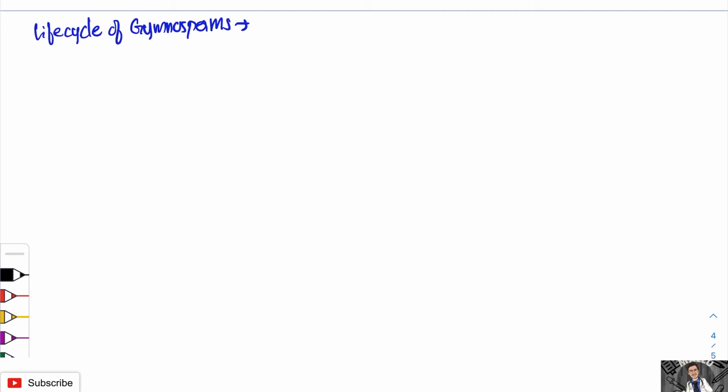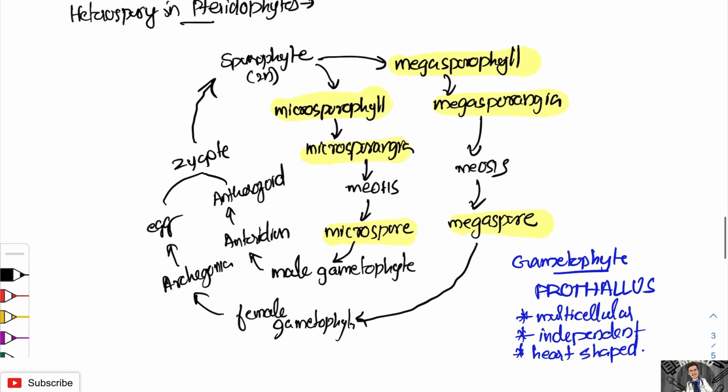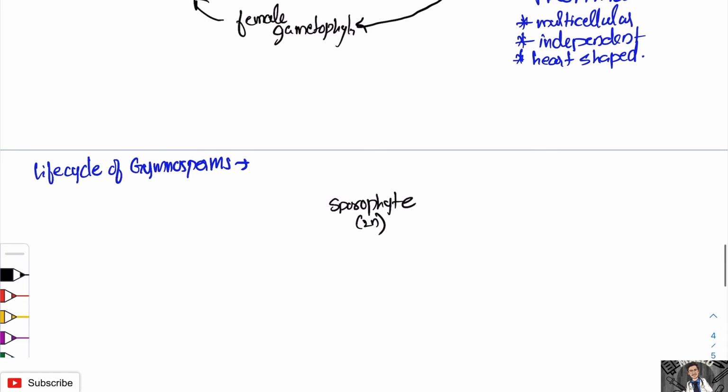So what do we start with? Gametophyte or sporophyte? We start with sporophyte. And the sporophyte is diploid. So coming to gymnosperms, a difference from that of pteridophytes is that before forming the microsporophyll and the megasporophyll, it's condensed into a cone-like structure.